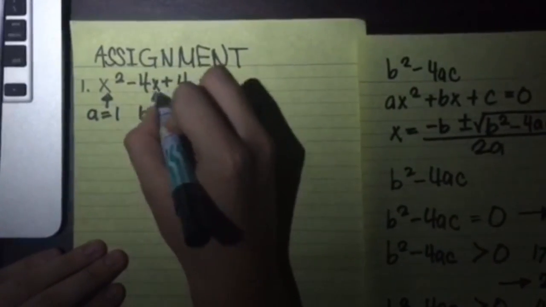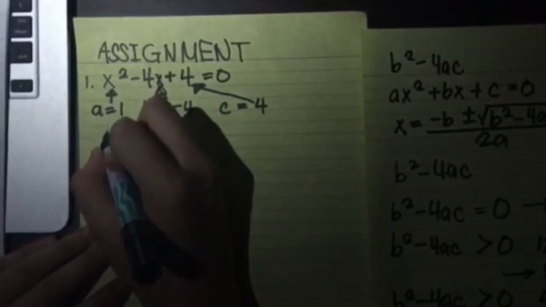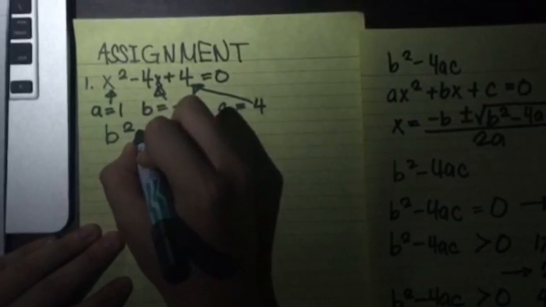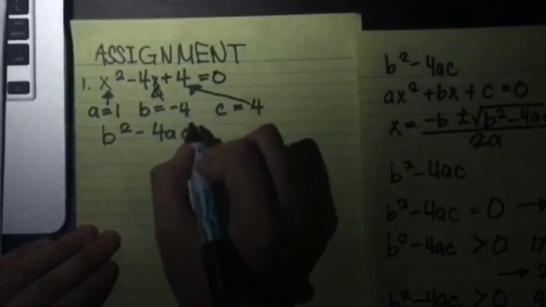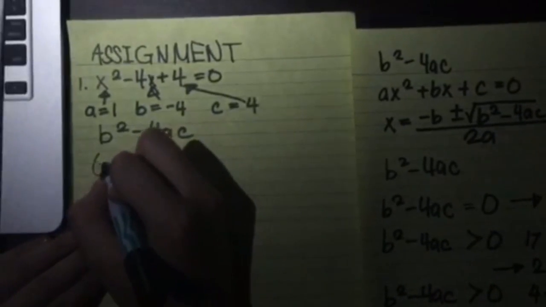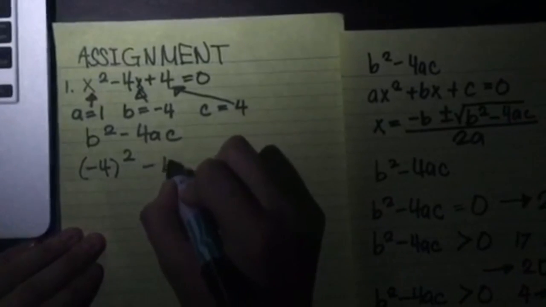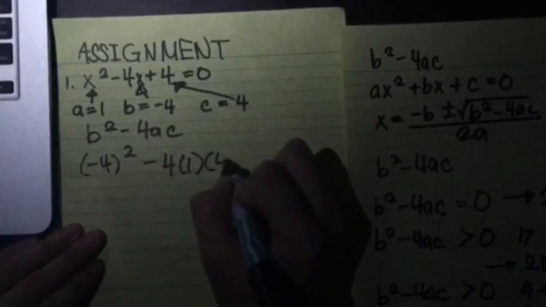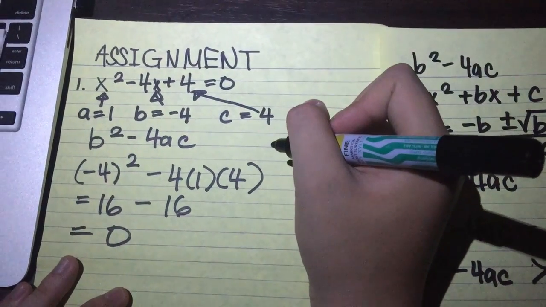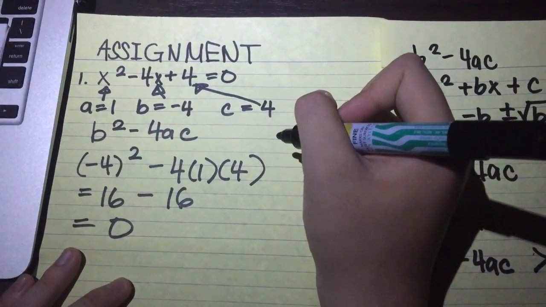Using the discriminant, b squared minus 4ac, that's negative 4 squared minus 4 times 1 times 4.